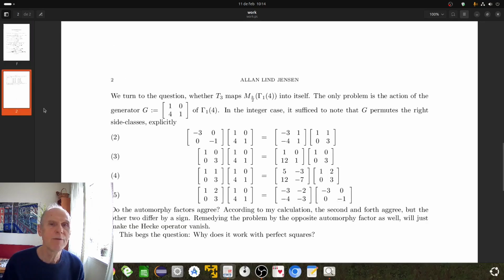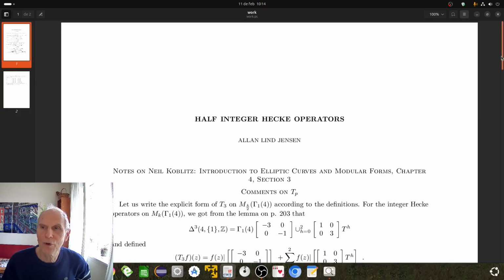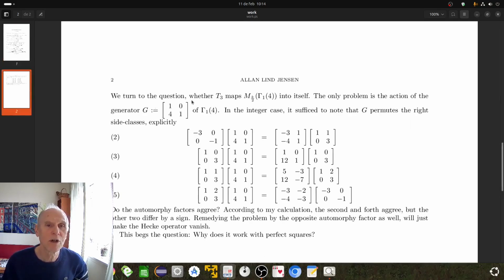I believe the cause of that would be that when we operate with T3 on a modular form, we only get integer powers of q. So of course this guy is invariant under T. So invariance under this generator of gamma 1 level 4 must fail.